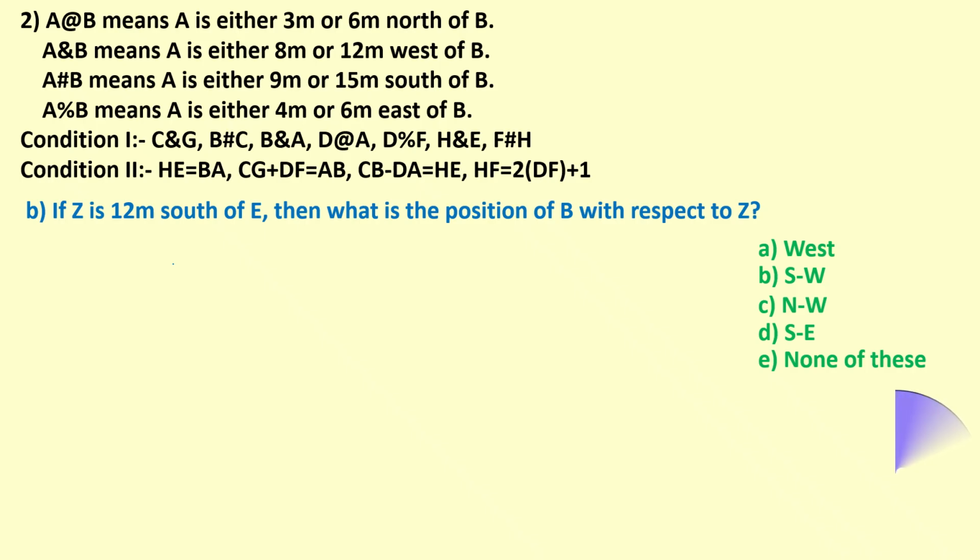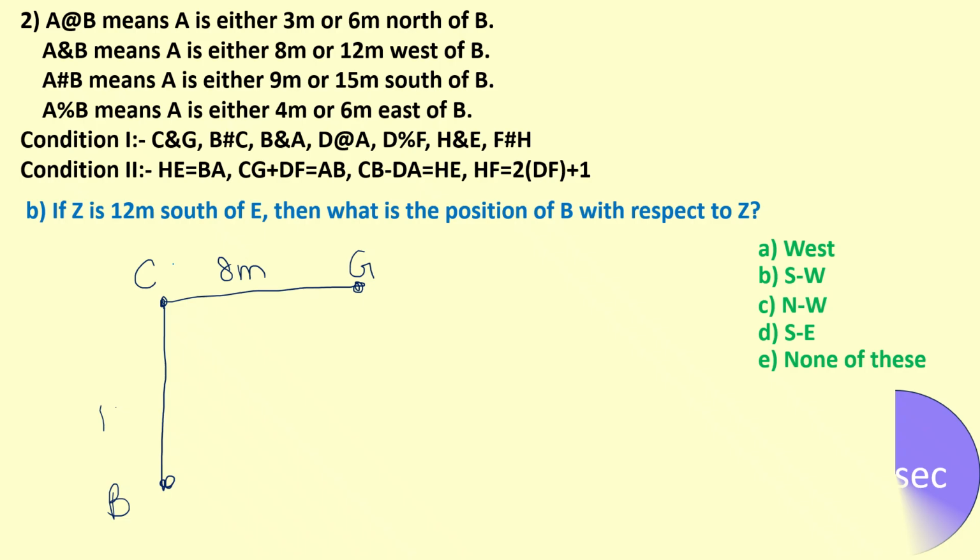What we got after finding all the distances, correct? G here, C here, which was 8 meter, correct? Then here is B, which is 15 meter. Then you have A. Then this is 12 meter, correct?